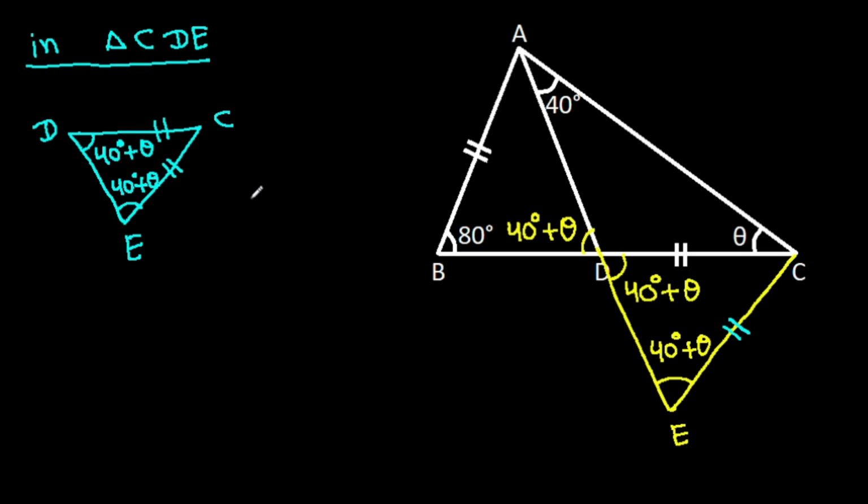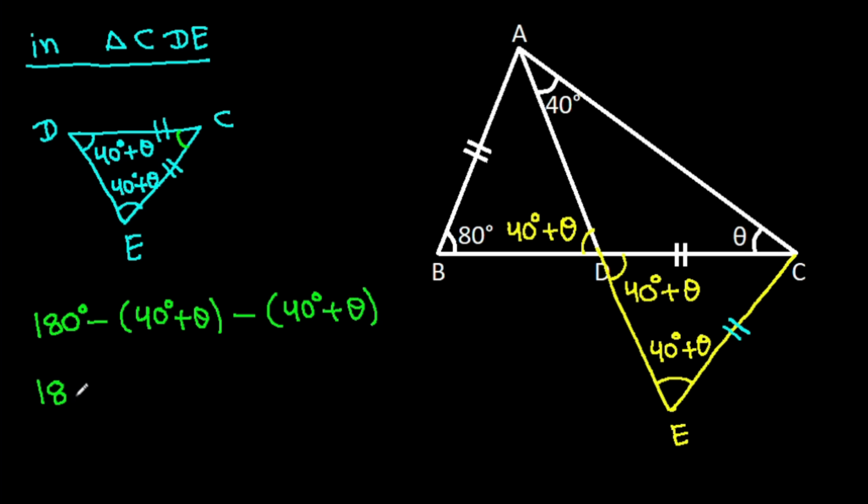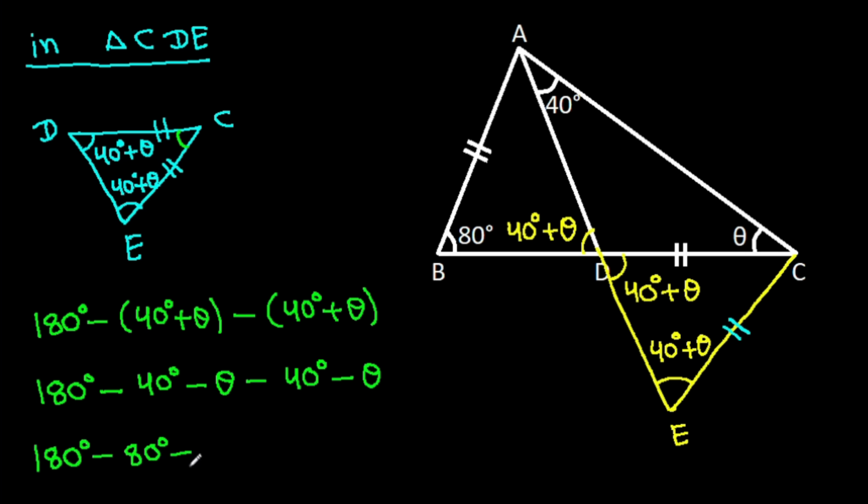And this angle will be 180 degrees minus 40 degrees plus theta minus 40 degrees plus theta, and it is 180 degrees minus 80 degrees minus 2 theta. That will be 100 degrees minus 2 theta.